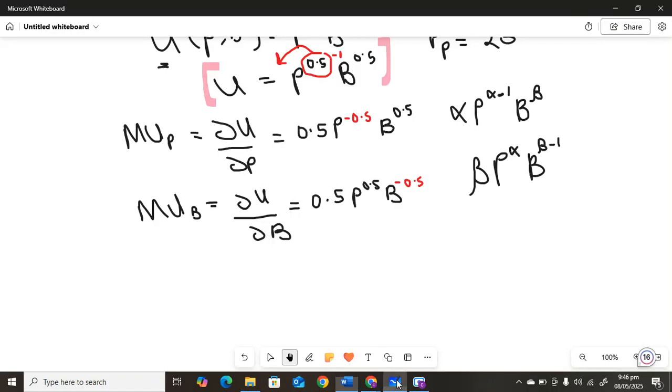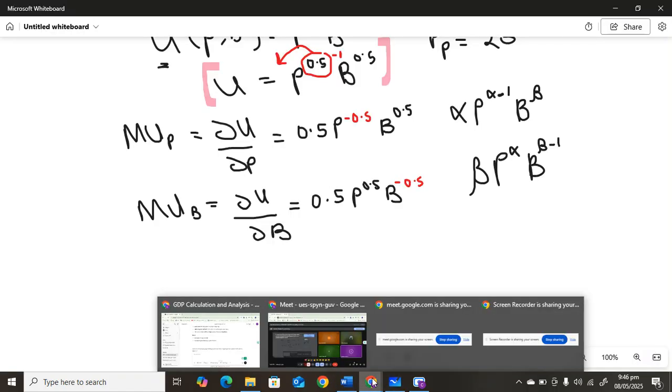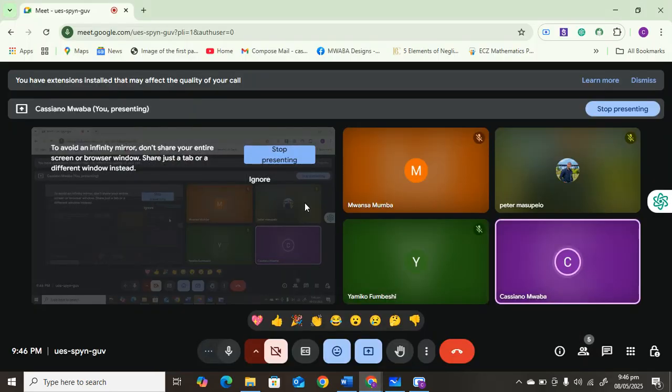Or maybe let me even just say it now so that we get over it. Colleagues, the law of diminishing marginal utility says the more you consume a good, eventually the additional satisfaction is going to reduce.